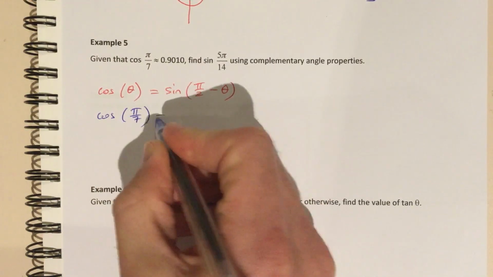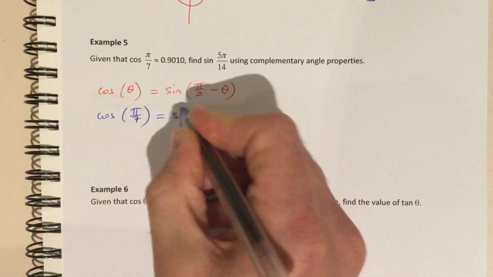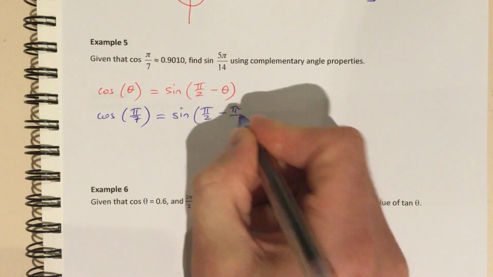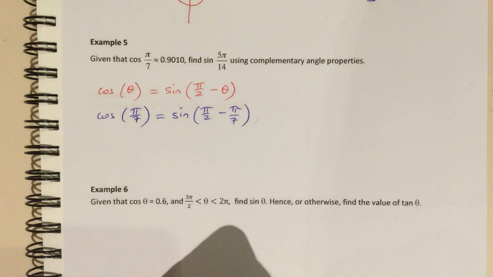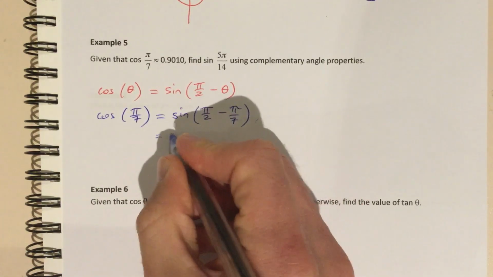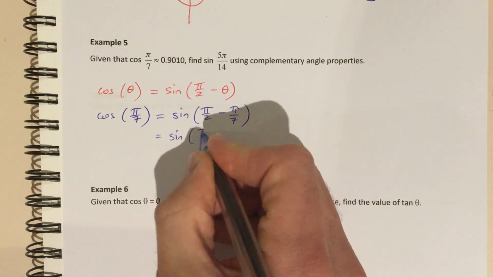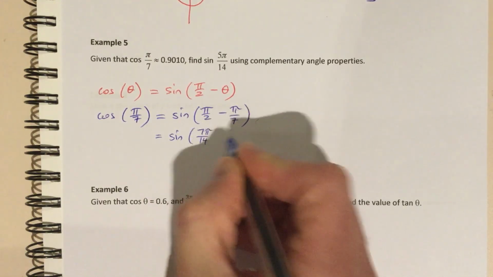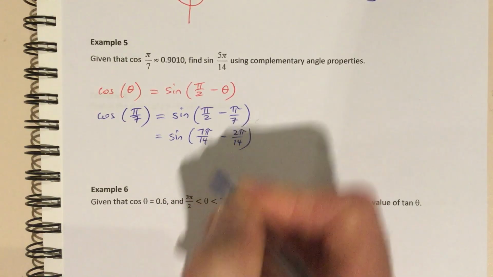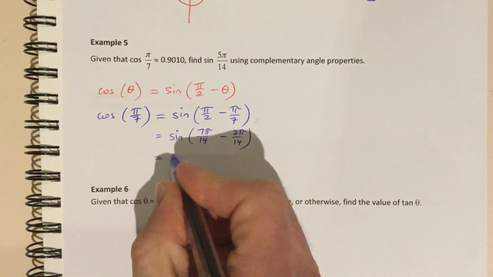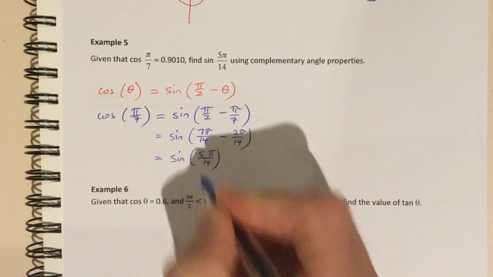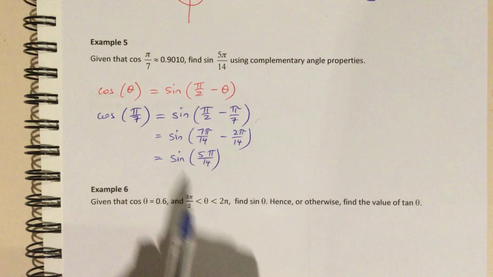And so in this question, our theta really is pi on 7, and that would be equal to sine of pi on 2 minus pi on 7. Well, sine of pi on 2 minus pi on 7 is actually 7 pi on 14 minus 2 pi on 14, which is 5 pi on 14, which is the angle that we're trying to find.